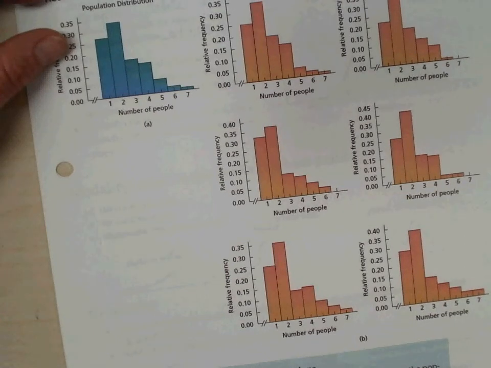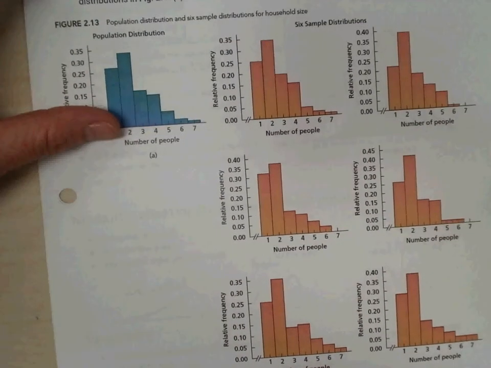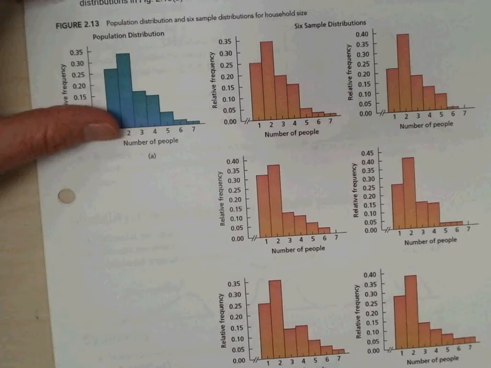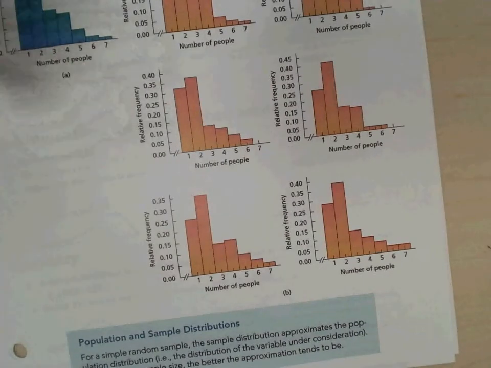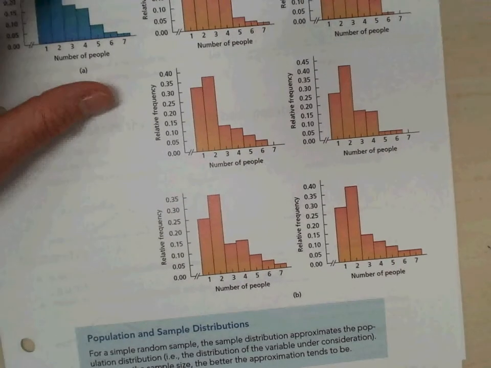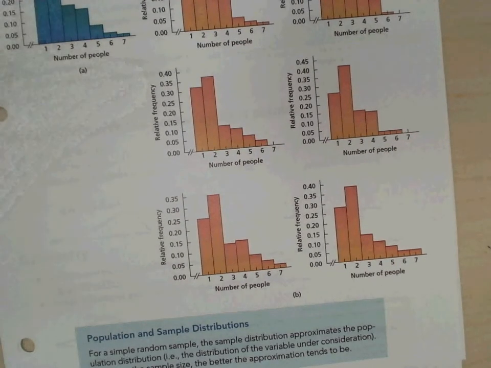On quite a few of these, there's no data on 7. It's at 0. Okay, good observation. 7 does not occur in every sample distribution.